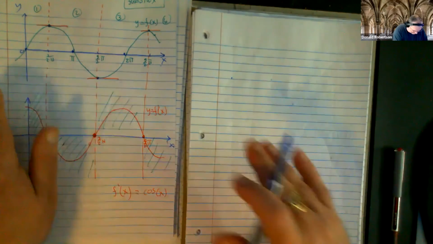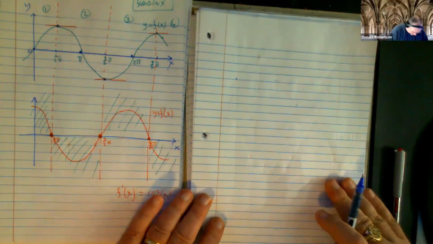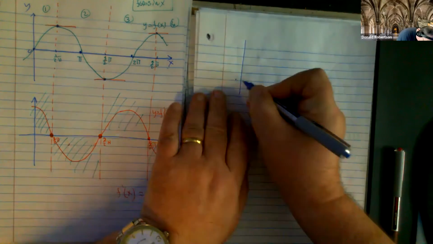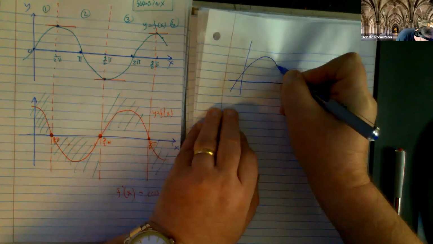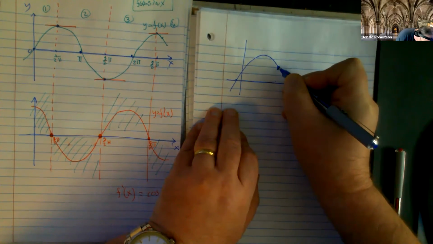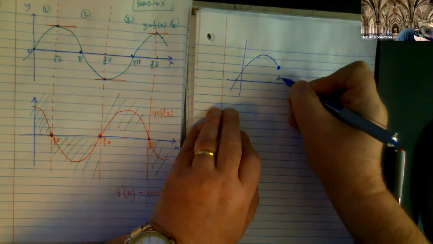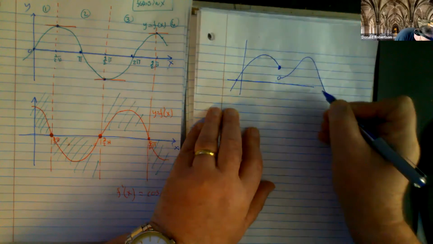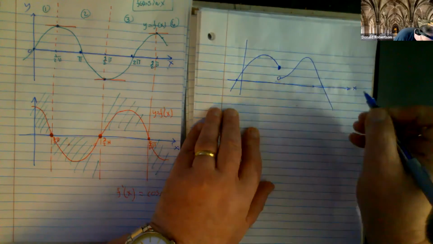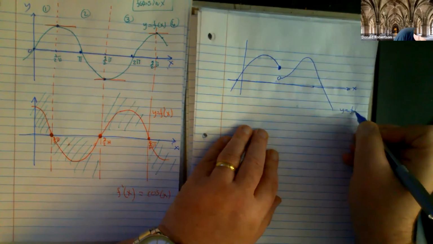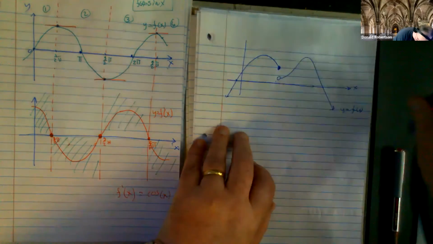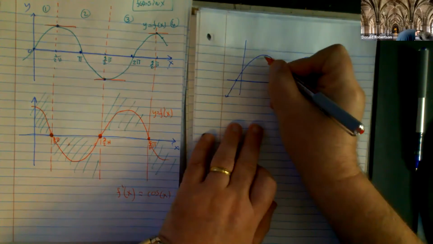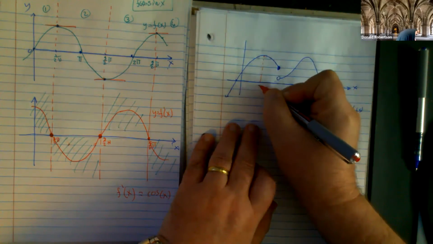Let's, for the next one, do some shapes that have problems with them. Here's my function, f of x. Let's say that guy is at 3.